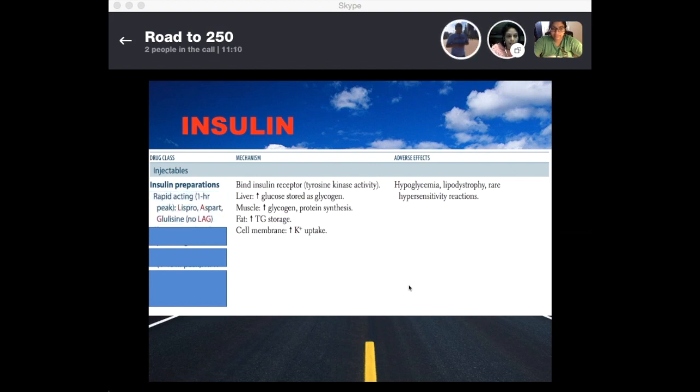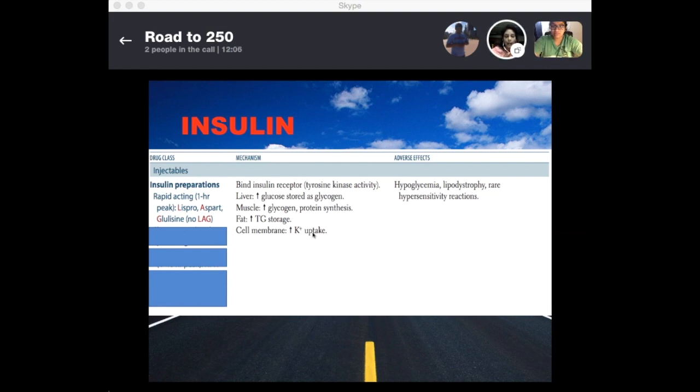So the rapid acting makes up Lispro, Aspart, and glulisine, and you can remember this with the mnemonic "no lag," because it has no lag. So LAG: L for Lispro, A for aspart, G for glulisine. It is rapid acting.